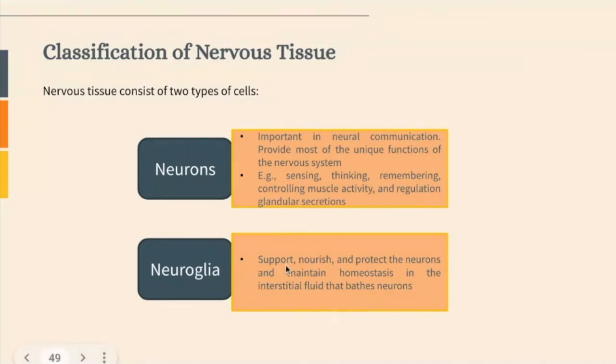Neuroglia provide support, nourish and protect the neurons, and maintain homeostasis in the interstitial fluid that bathes the neurons. So the excitable cell involved in neural communication is the neuron.